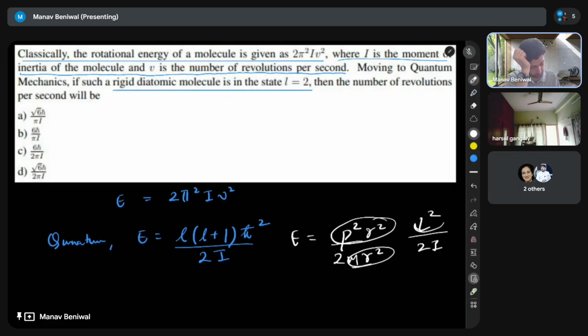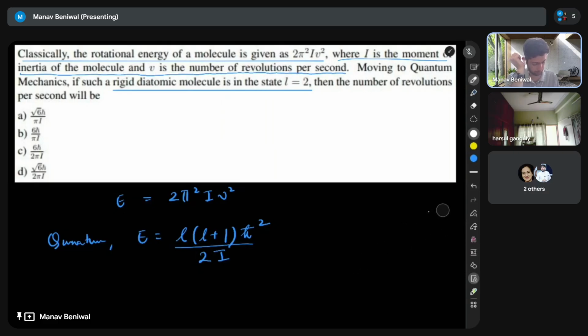This L squared gives the eigenvalue L(L plus 1) h cut squared. Therefore we can write it like this. So this is the quantum energy.